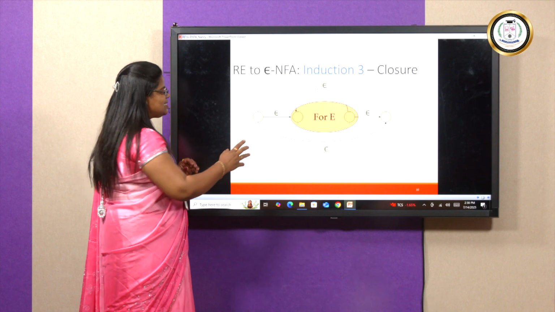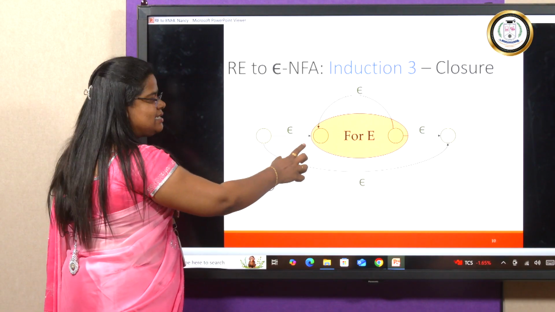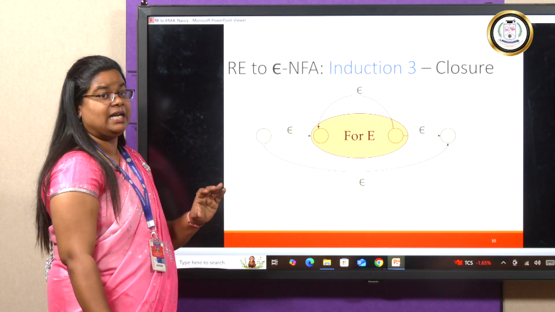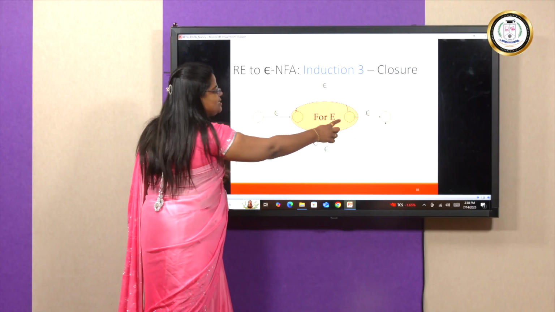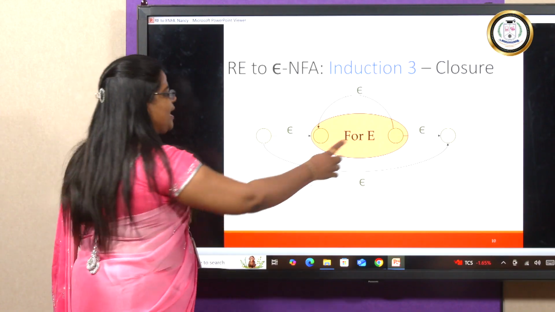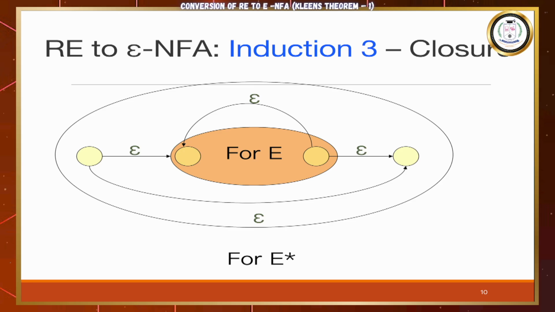So if it is E star, consider this is a start state. We will have one epsilon transition, and after that we will have one end state that is also having an epsilon transition. Then from this state to this state we will have another epsilon transition, and from the start state to the end state we will have another epsilon transition. So this is E star, closure.